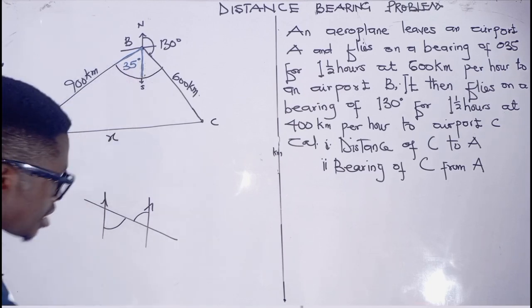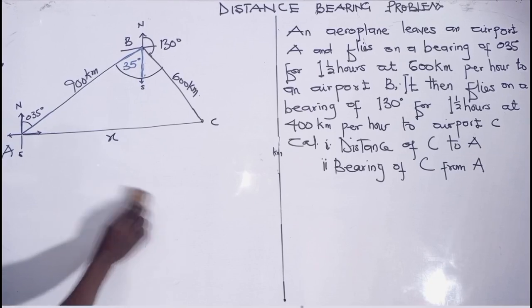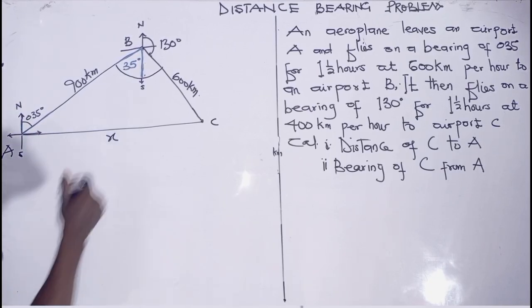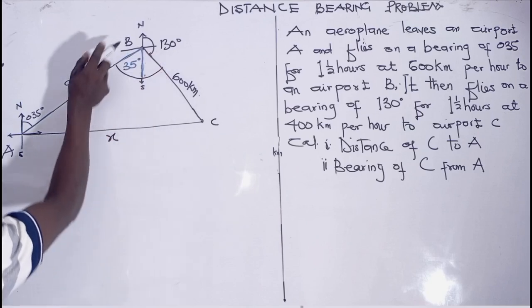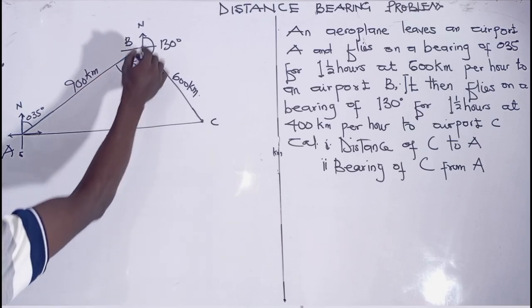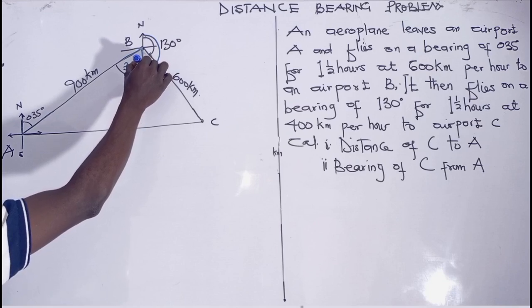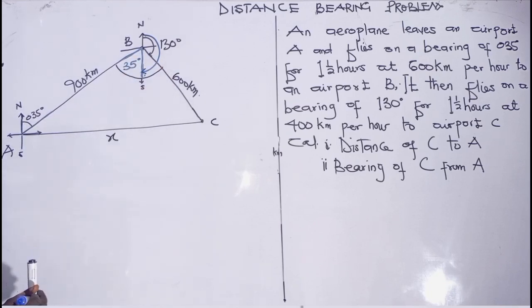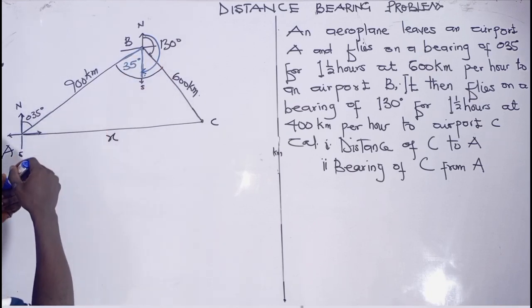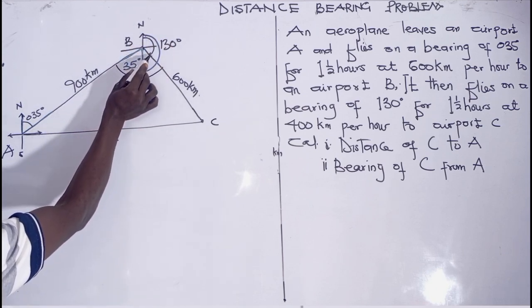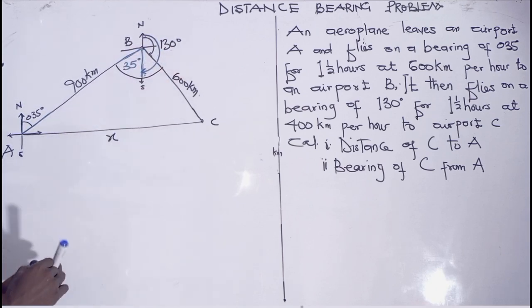Now let's look for the other angle. We know that the measure of the angle from the north to the south pole is 180 degrees. But we have been given the measure of the angle from the north to this terminal line to be 130 degrees.